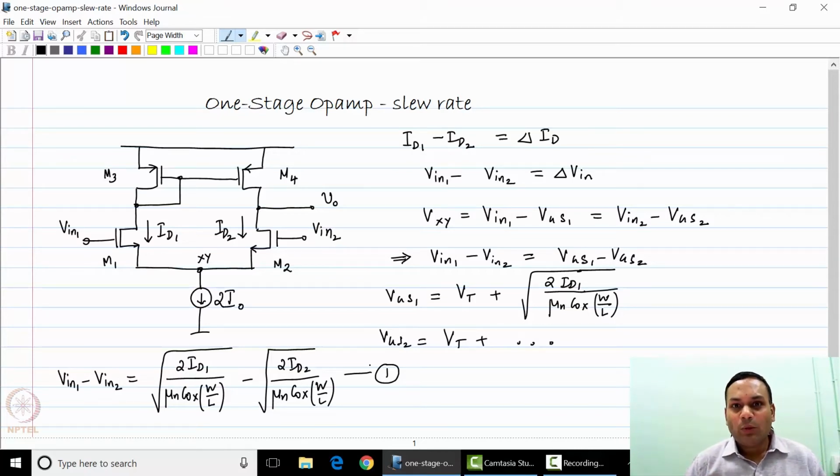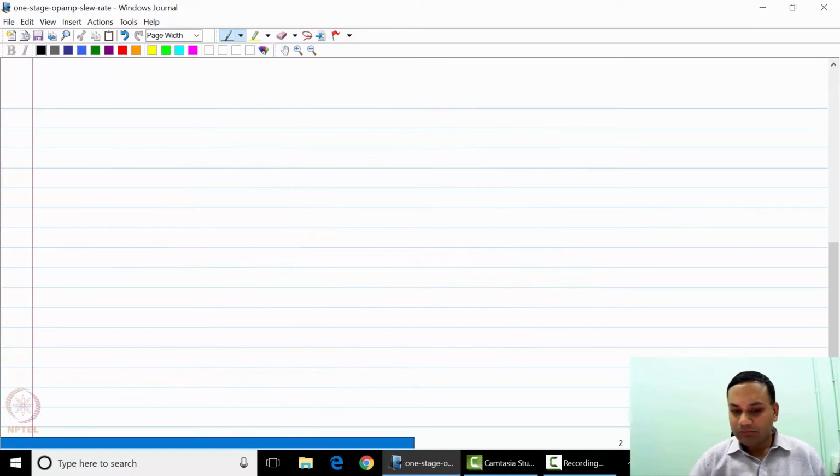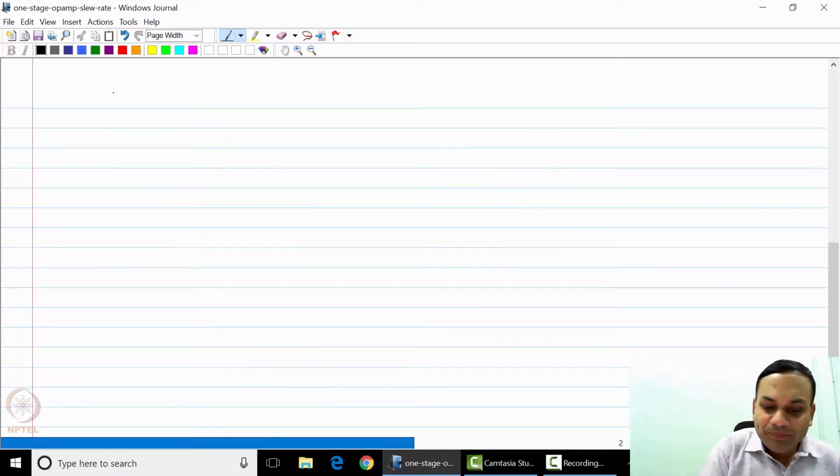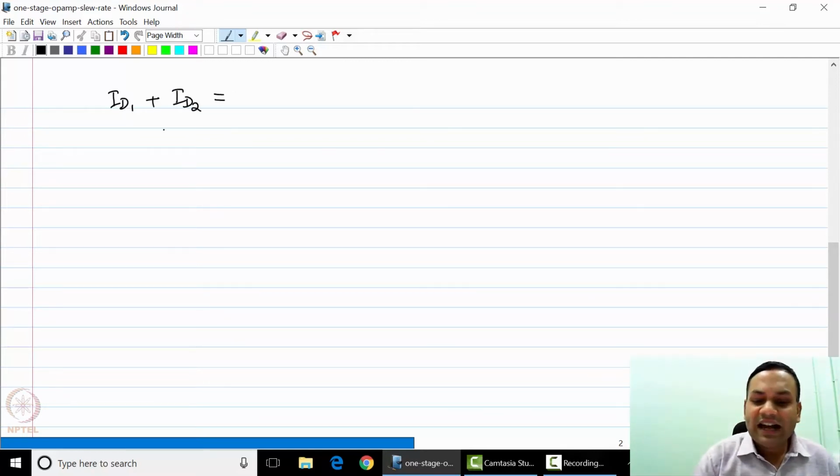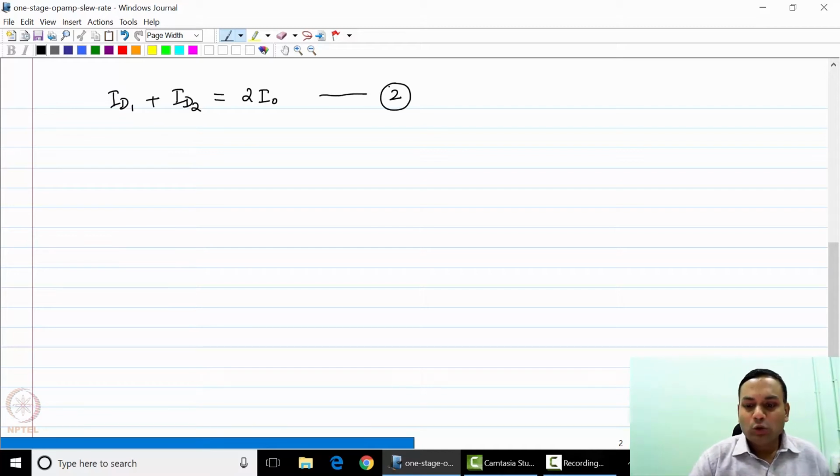Remember that V in 1 and V in 2 are the known variables and ID1 and ID2 are the unknown variables for this particular calculation. The second relationship is simply KCL at node XY, which tells us that ID1 plus ID2 always has to be equal to 2I0. I'll denote this by equation 2.